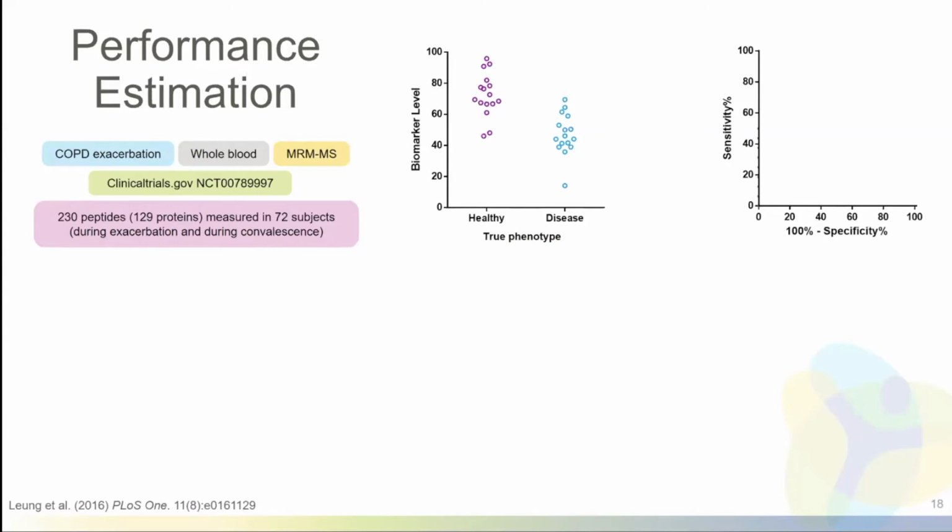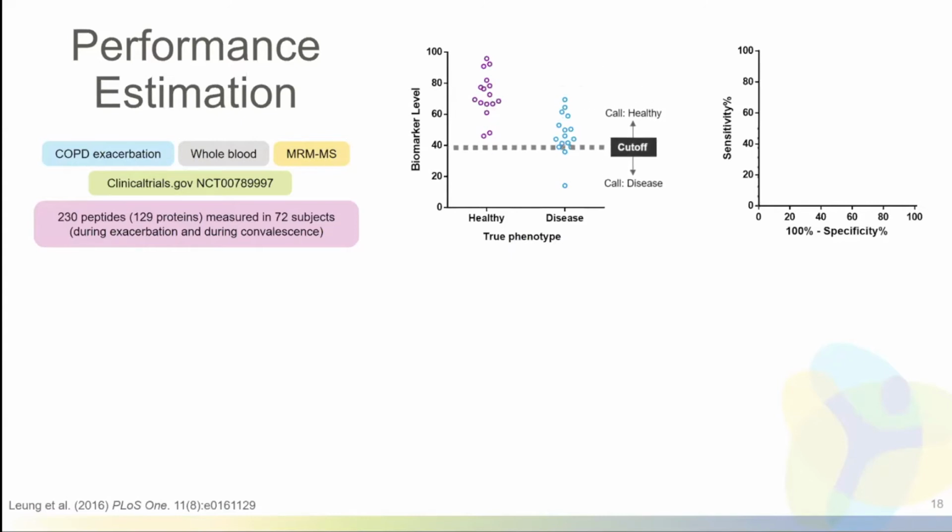We can see that the healthy subjects tend to have higher scores compared to the disease subjects. But if we were a doctor, how do we actually decide, okay, this person is healthy, this person has a disease? Well, we have to draw a line somewhere.